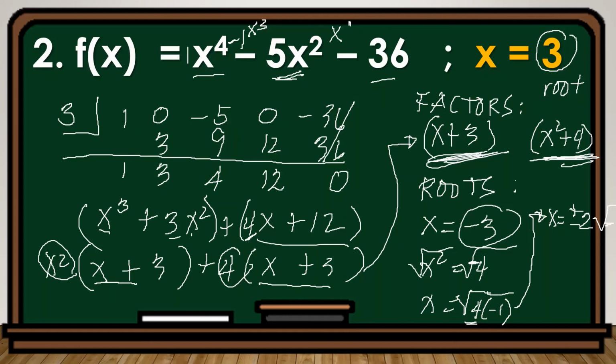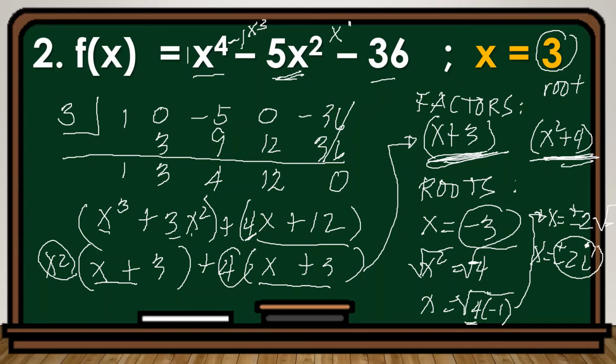We know that the square root of negative 1 is i. So always remember, the square root of negative 1 is an imaginary number. We can write the square root of negative 1 as simply i. So these are the other roots, positive 2i and negative 2i.